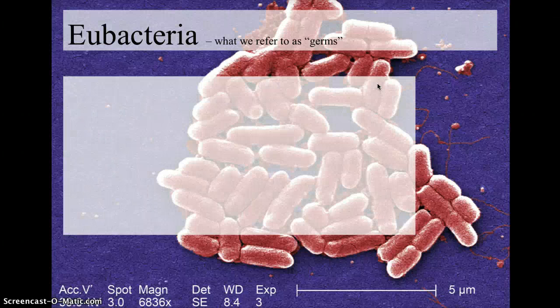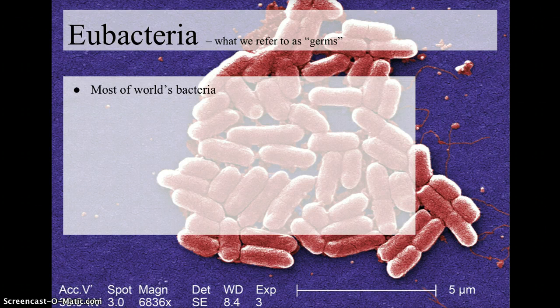Our eubacteria, these are the ones that we commonly think about when we think of germs. So there are definitely eubacteria that do very positive things for us, and that'll be familiar to you with yogurt, for example. So these guys are most of the world's bacteria. They kind of bring about most of the bacterial diversity.